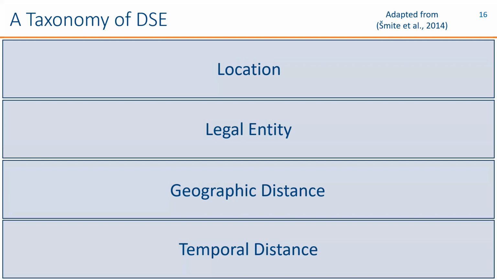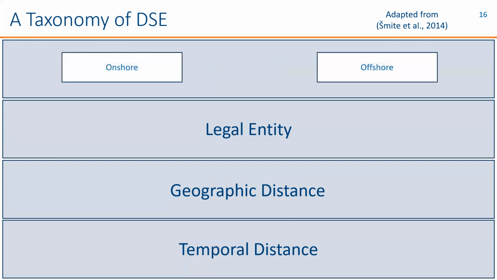So let's break it down using some defined terminology and a taxonomy that describes the relationships between those terms. The first level of DSE is location. It entails the locations that the engineering is distributed for the software projects, product, system, service, etc. Is it distributed onshore within the same country, or is it distributed offshore in another country or in multiple countries?